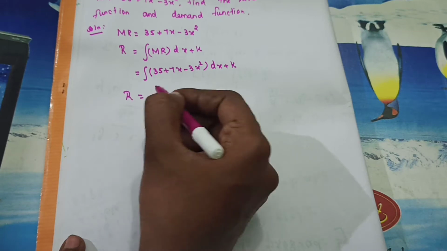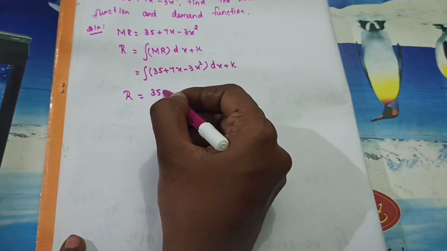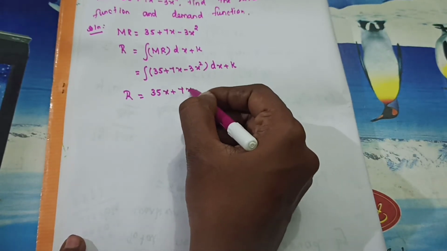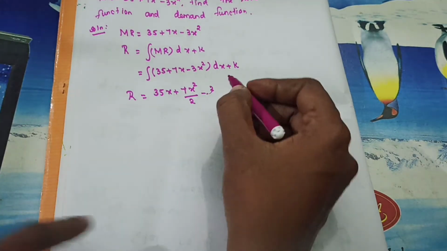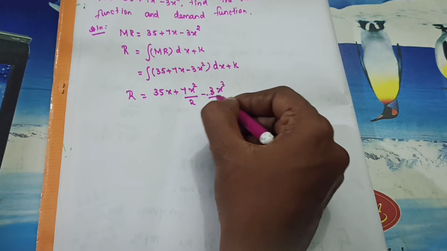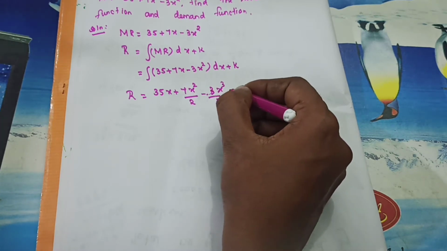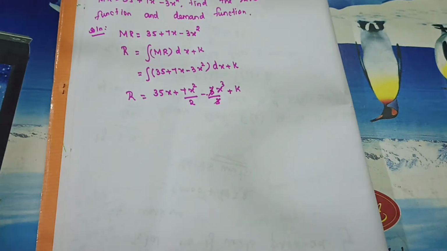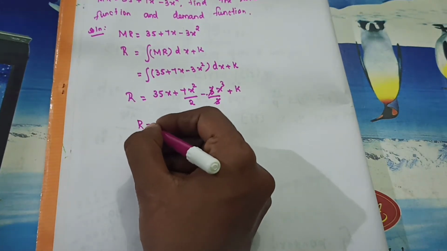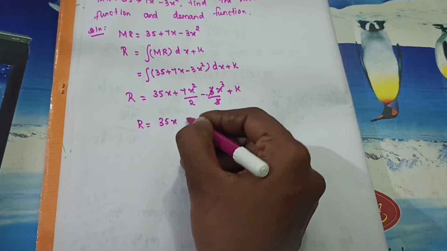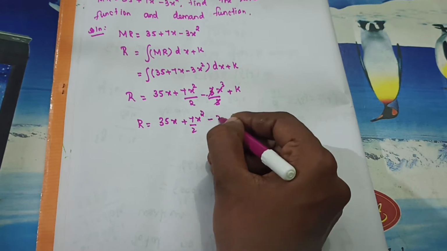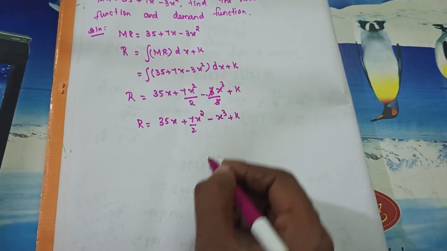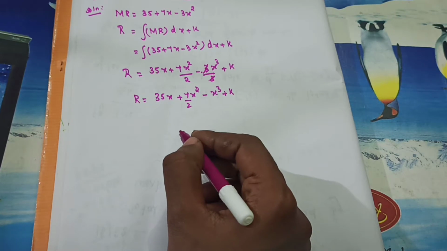So R is equal to, now integrating, 35x plus 7 into x means 7 by 2 x square, minus 3 into x square means x cube by 3, plus K. The 3s cancel. So R is equal to 35x plus 7 by 2 x square minus x cube plus K. This is the value for the revenue function.